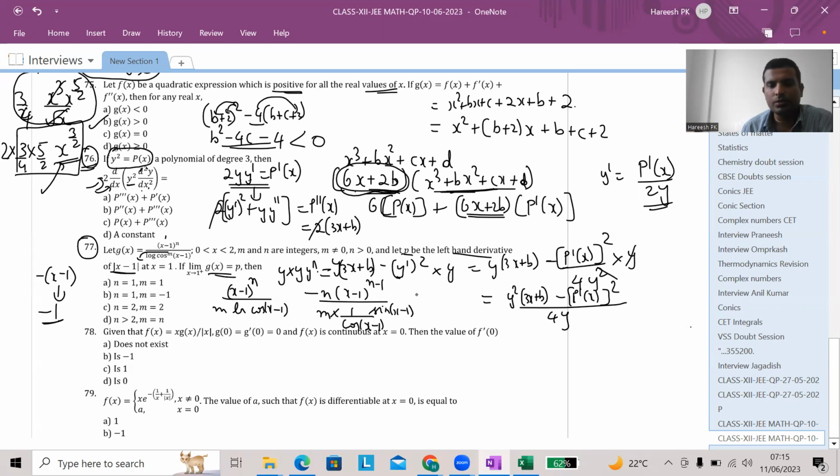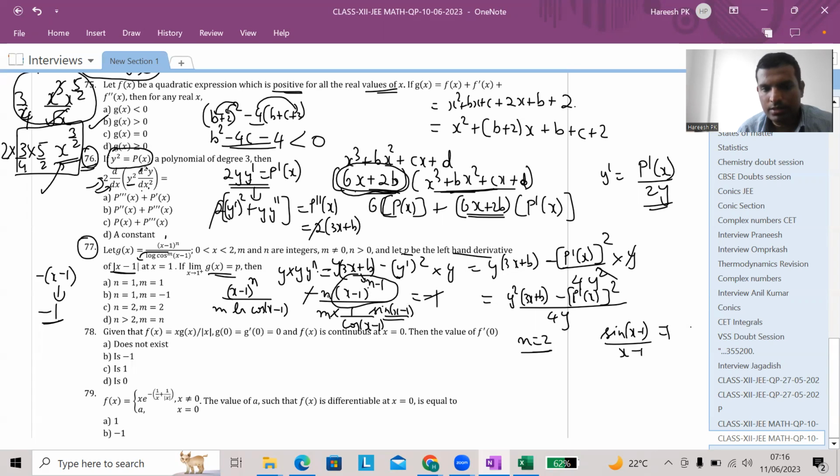And this whole stuff should be equal to minus 1. So minus minus will get cancelled. Now sine x minus 1 must get cancelled with this term. That means n must be 2, because we know that sine x minus 1 by x minus 1 is 1. That means n has to be 2, so that 2 minus 1 will be simply x minus 1 power 1, and then they get cancelled. So n is 2.